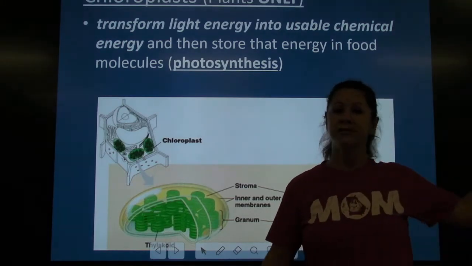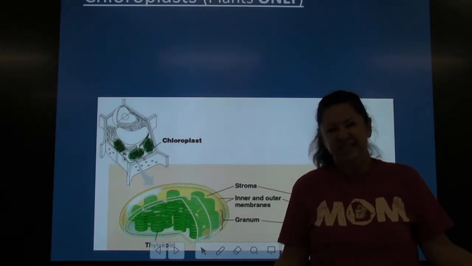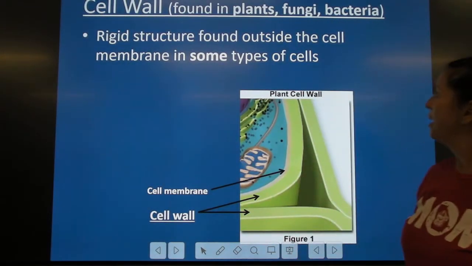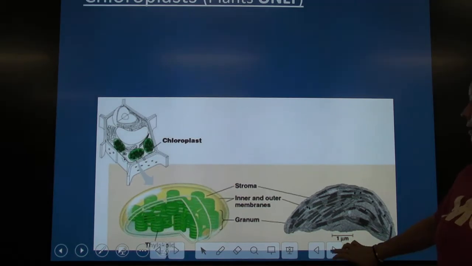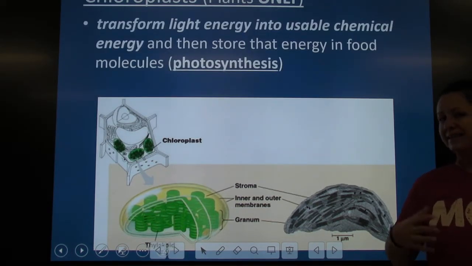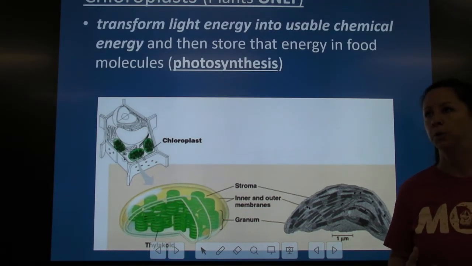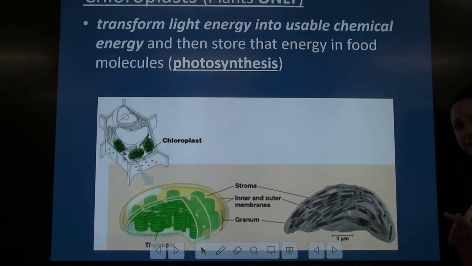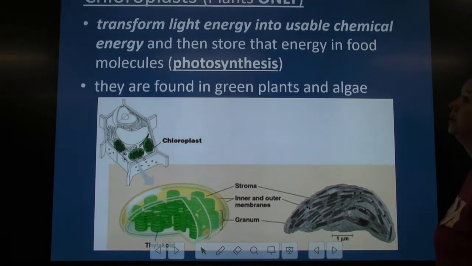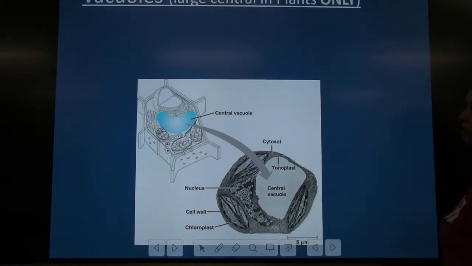Okay? I can't go stand in the sun and make energy. I just get hot and sweaty. All right? But the chloroplast can actually create energy that's usable. So photosynthesis is done in the chloroplast in plants and algae. All right? Green plants and algae.